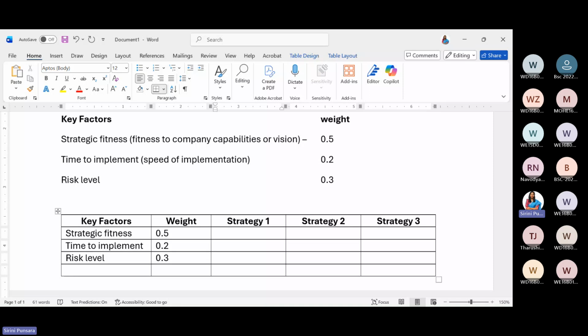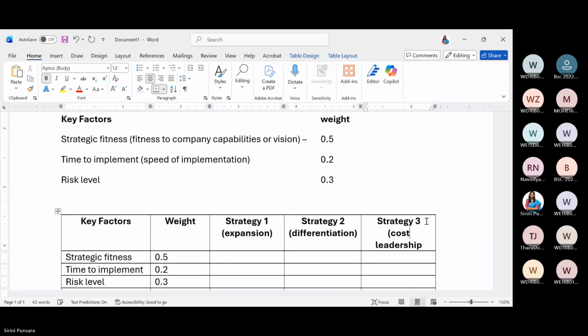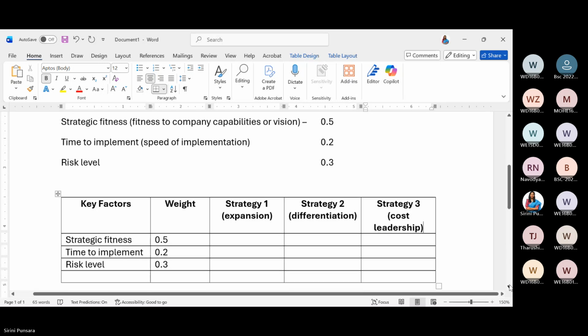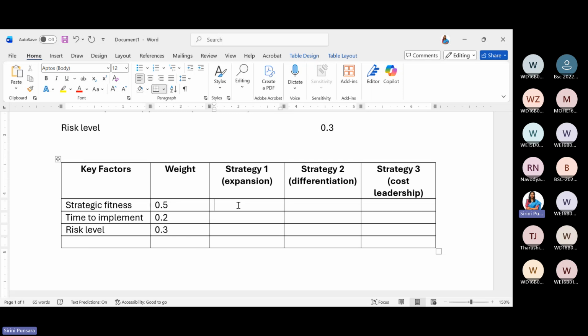So strategy 1 is expansion, strategy 2 differentiation, strategy 3 cost leadership. I will put here expansion. This one differentiation. This one cost leadership. Then we are going to rank them according to a scale.